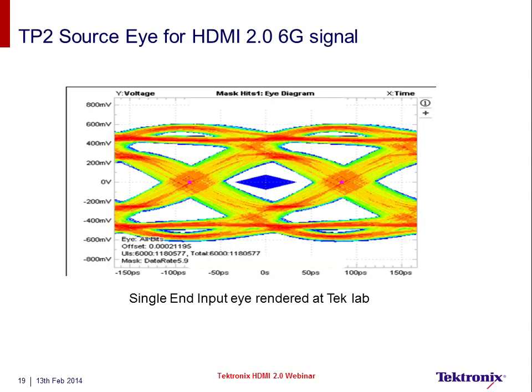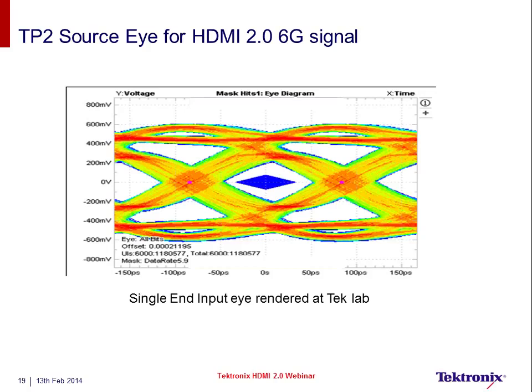Here is the HDMI 2.0 eye diagram rendered, which is an equalized eye diagram, and this is the first eye diagram from the prototype devices which we tested. What you notice significantly different from HDMI 1.4 is the top and bottom mask of the eye mask not seen here. Basically, you do not have any top and bottom mask defined in HDMI 2.0, only the central mask at TP2 is used.